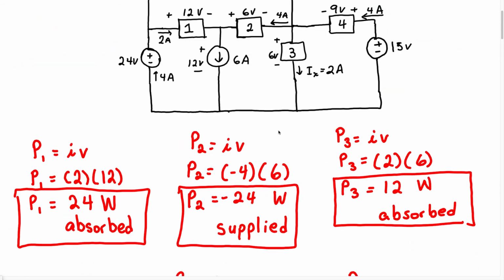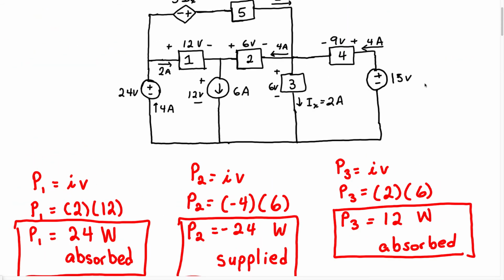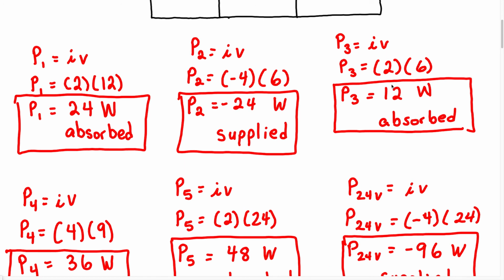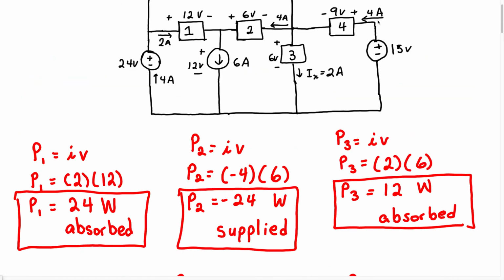Okay, we have one more source. So we have this 15 volt source. We're going to calculate the power of that. Power of the 15 volt source equals IV. The current flowing in that source is going to be -4 amps because it flows from the negative terminal to the positive terminal.